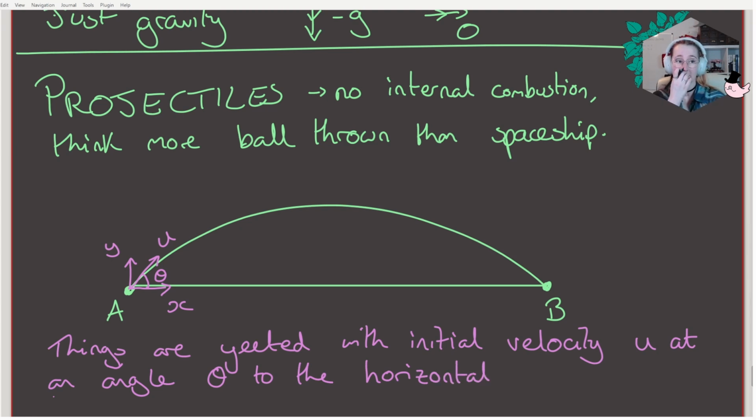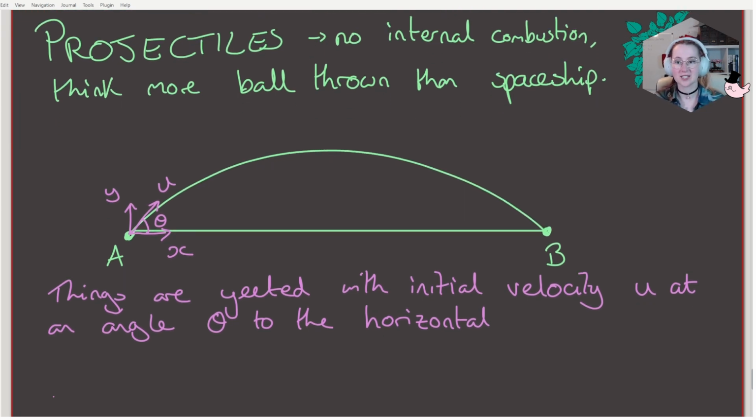Again, we could describe it as an angle from Y. We're just choosing to do it this way for the minute. They have no internal motion. As soon as it's going, it's going.